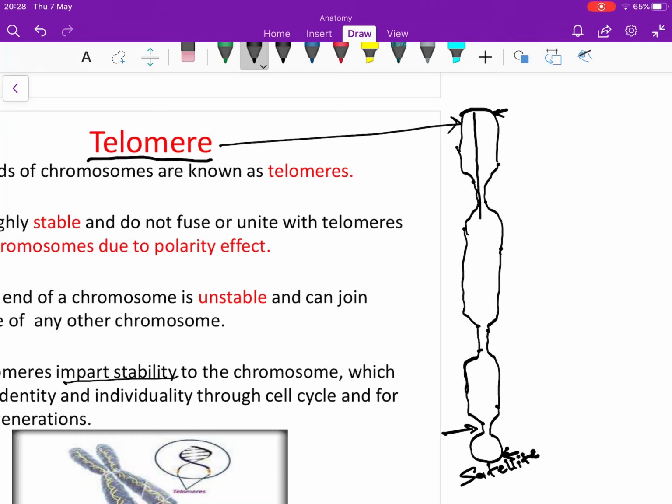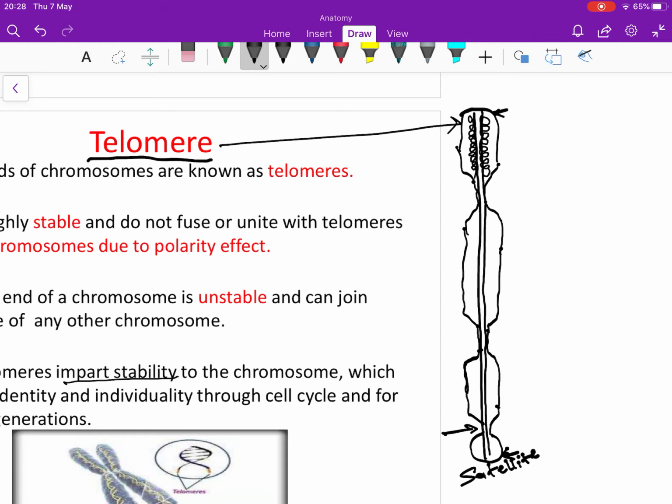Here there are two parallel structures, which run from one end to another end, and on these parallel structures there is a beaded structure on both sides.